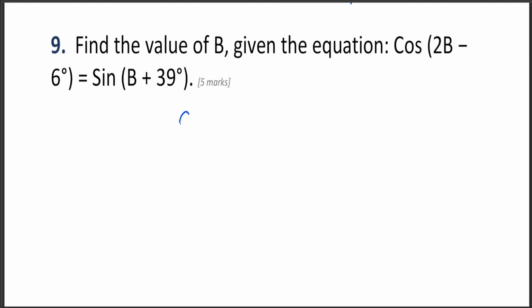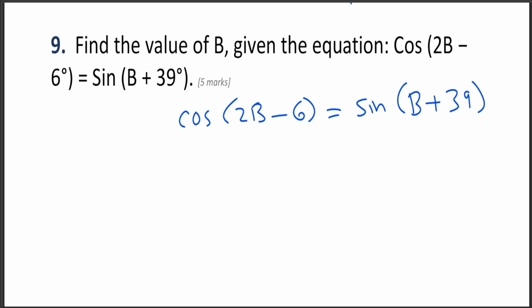Let's try out this one question also. So umeambiwa cos (2b minus 6) is equal to sin (b plus 39). Jaribu pause the video, do it by yourself. So 2b minus 6 plus b plus 39 is equal to 90 degrees.